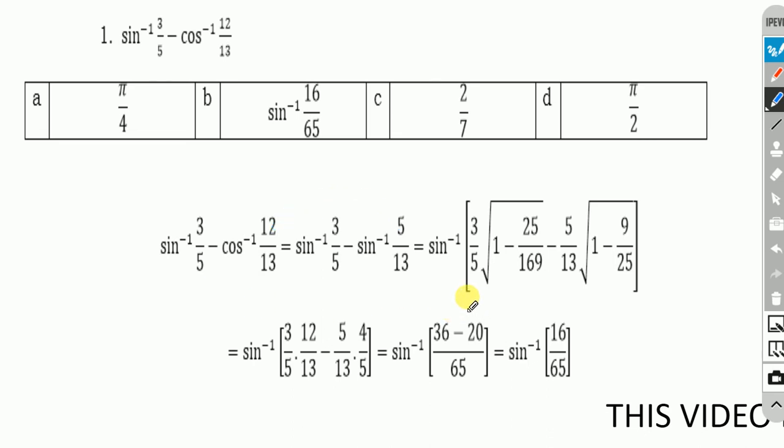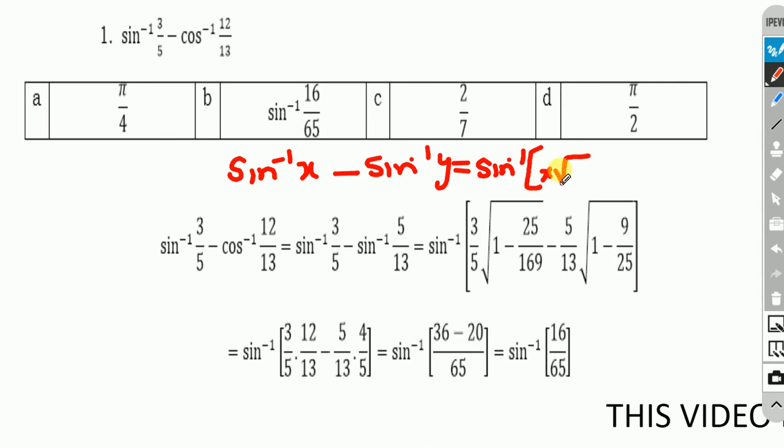Just now while discussing the synopsis, we have seen the formula: sin inverse of x minus sin inverse of y is equal to sin inverse of x into root of 1 minus y square minus y into root of 1 minus x square. So we'll make use of this formula here.